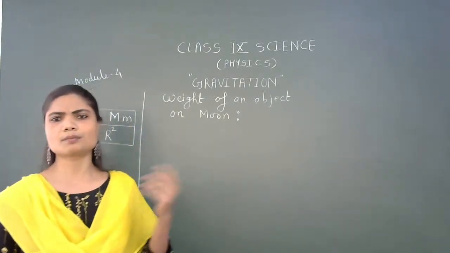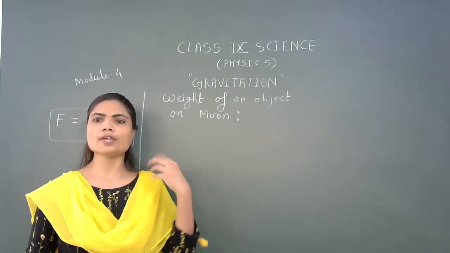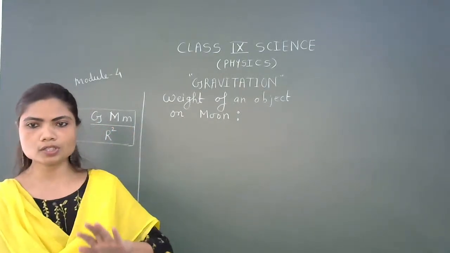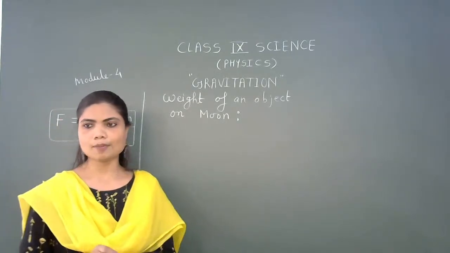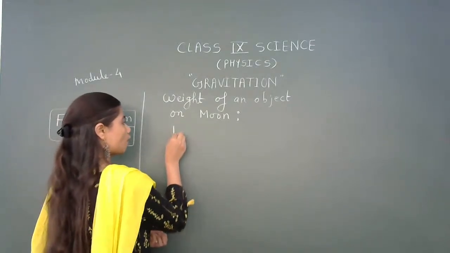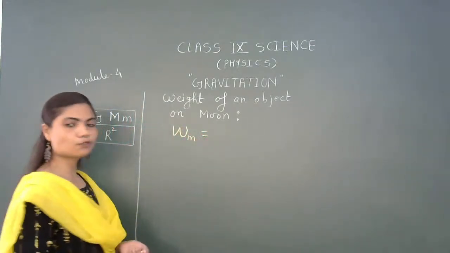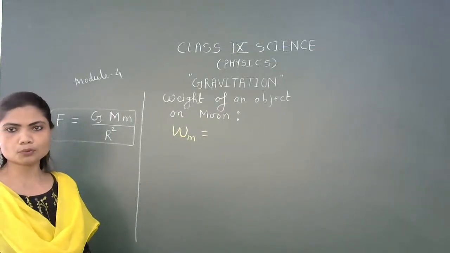If it is because of gravitational force, then of course the weight of any object on the moon is equivalent to the gravitational force applied by the moon. Thereby we can write that the weight of any object on the moon will be equivalent to the gravitational force applied by the moon.